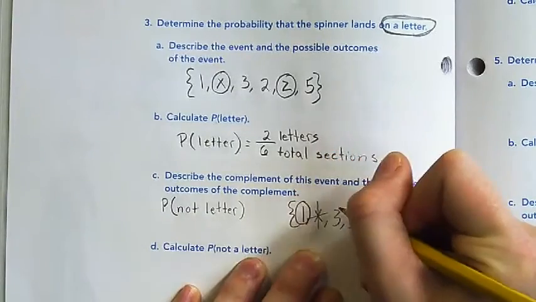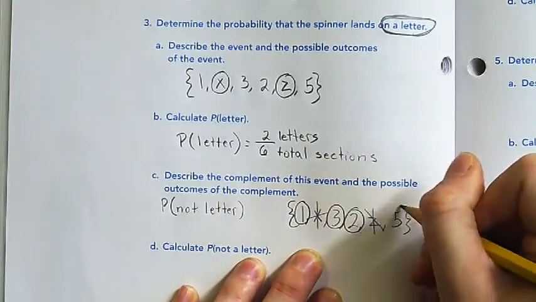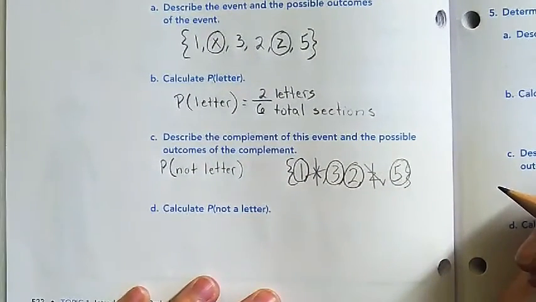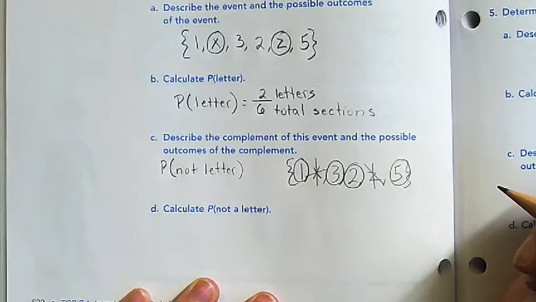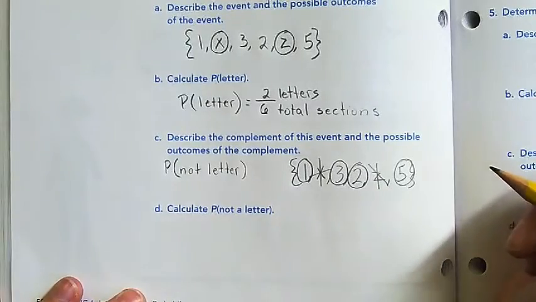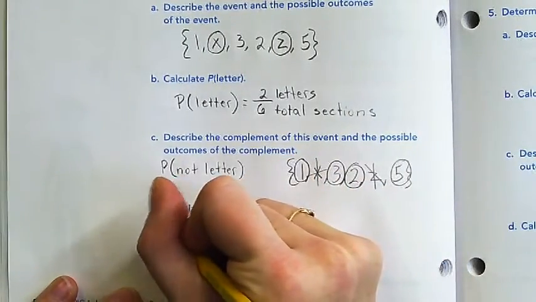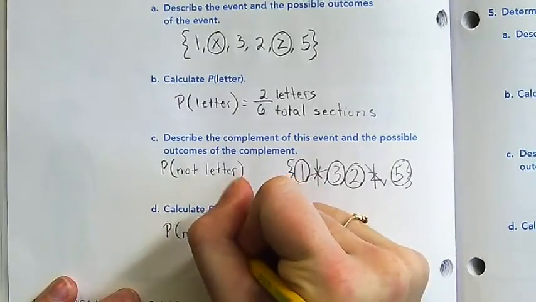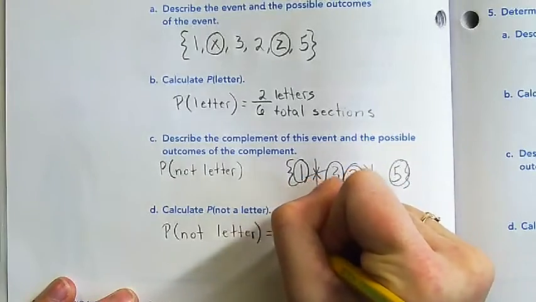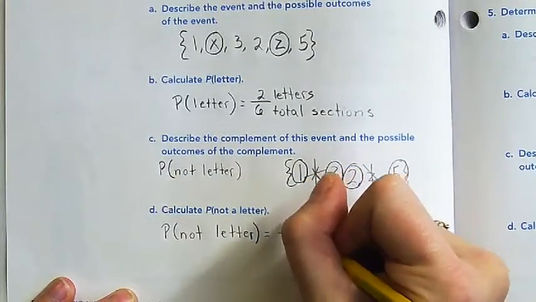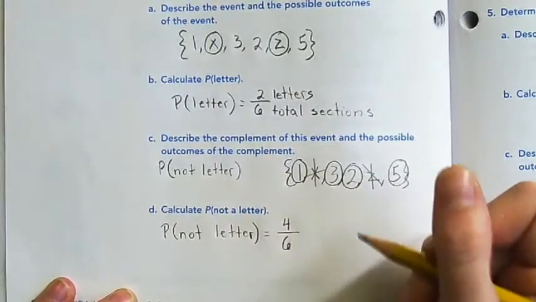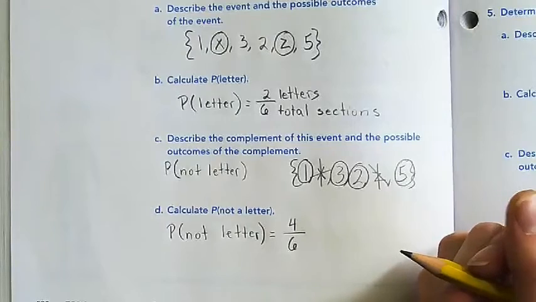So we're left with 1, 3, 2, and 5. Now we have all the information we need to do letter D, calculate the probability of not letter. Four out of six, because there's 4 not letters out of 6 total sections. Great.